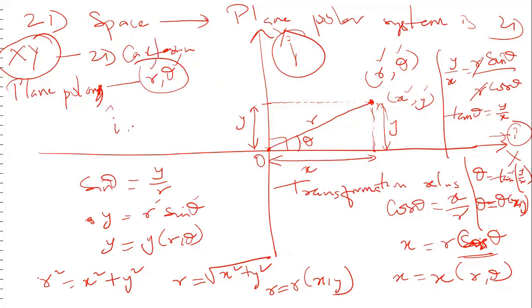Because i dot j is 0, right? i dot j is 0. The angle between them is 90 degrees. We can prove that. When you take the dot product between two unit vectors, if it is 0, then the angle between the x coordinate and the y coordinate is 90 degrees.